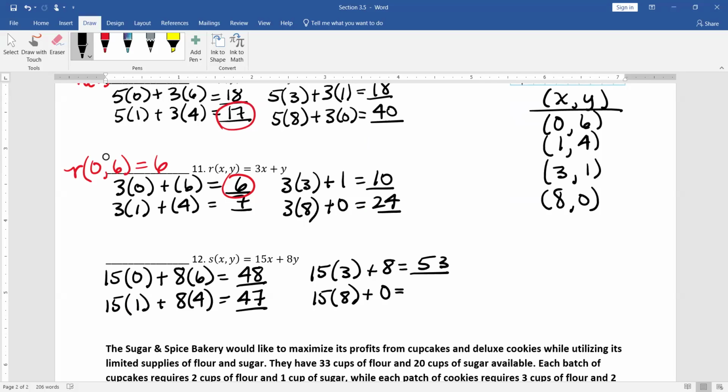And 60 minus 40. In this case, my ordered pair is 1, 4.